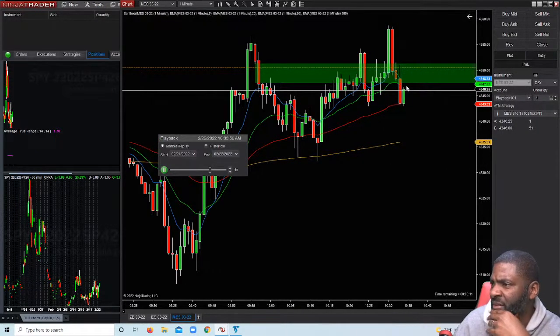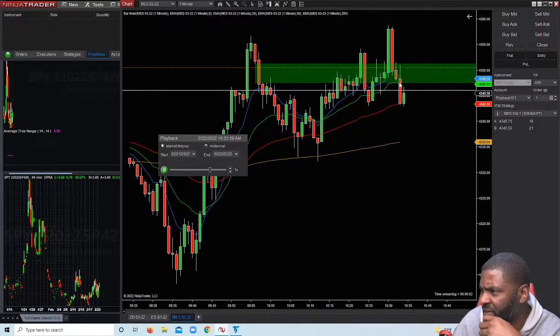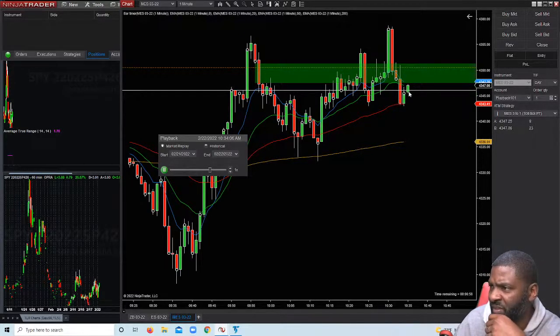But then this one here, this is the other trade right here. We went back up into this area here, and then we formed another fair value gap right there. If you can see it, you can see that fair value gap right there. We formed another fair value gap, and I didn't mark it.